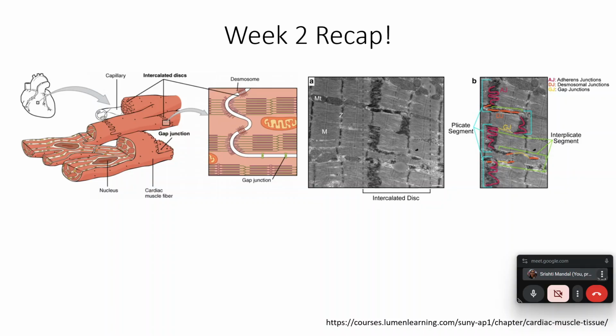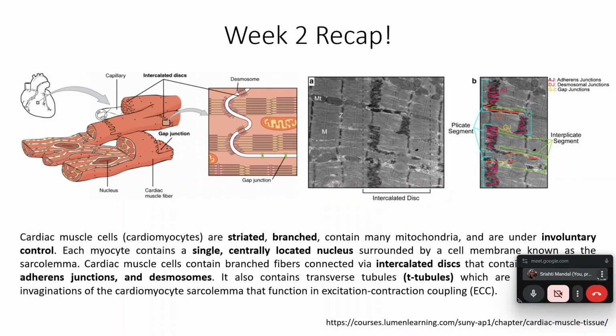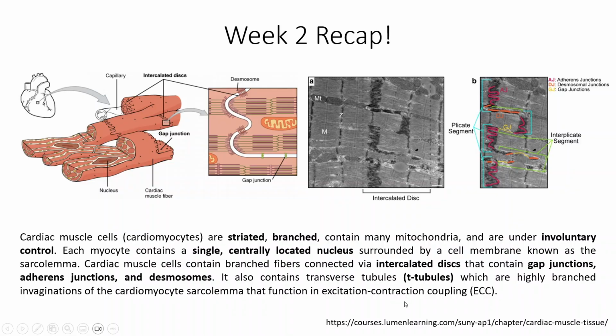So when it comes to the ionic potentiation of heart rhythm, extracellular calcium plays a major role, which is why you have very developed transverse tubules, or T tubules, which allow for good excitation contraction coupling.